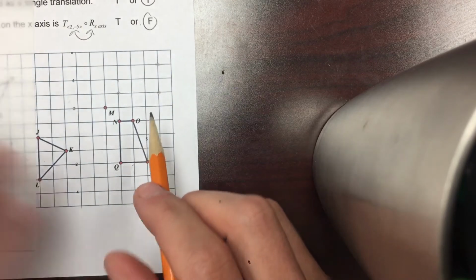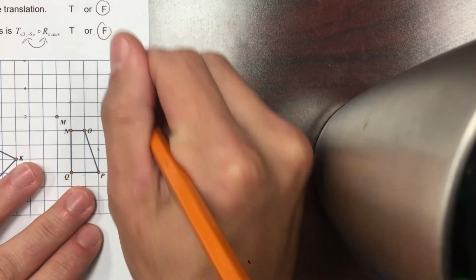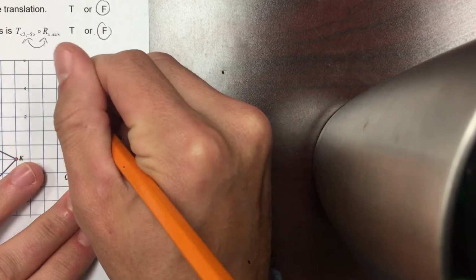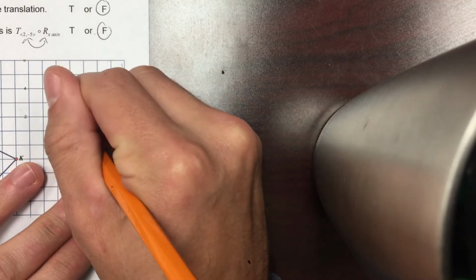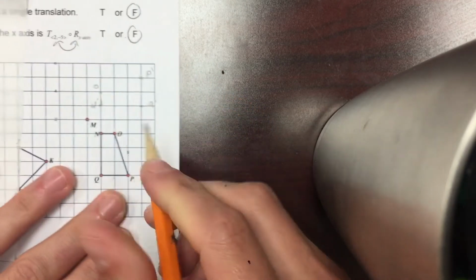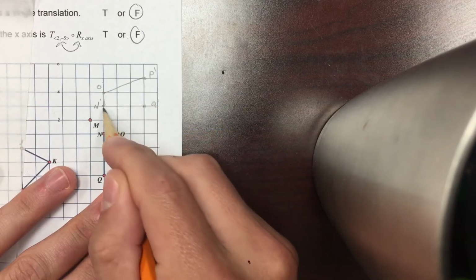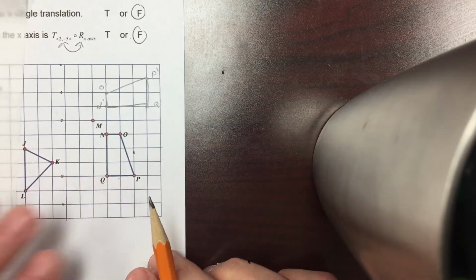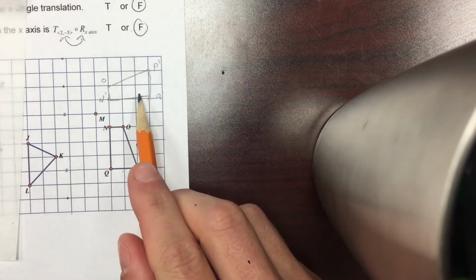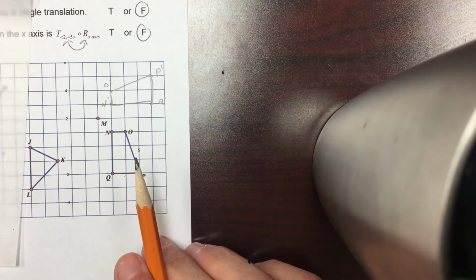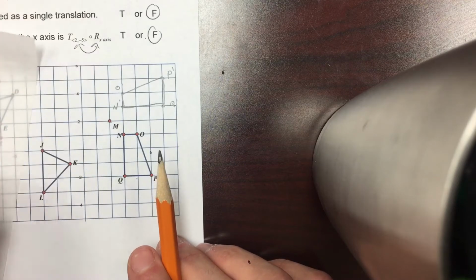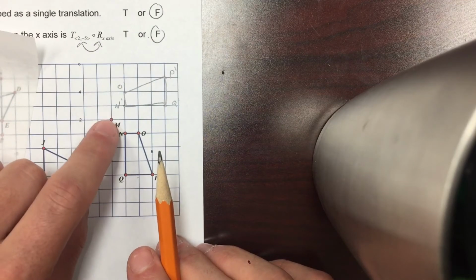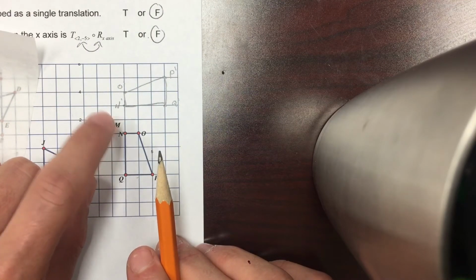And then this is my figure: P prime, Q prime, O prime, and N prime. By rotating about point M, this is my new figure right up here. So the key is to trace it and keep that center of rotation in a fixed position, meaning it doesn't move.